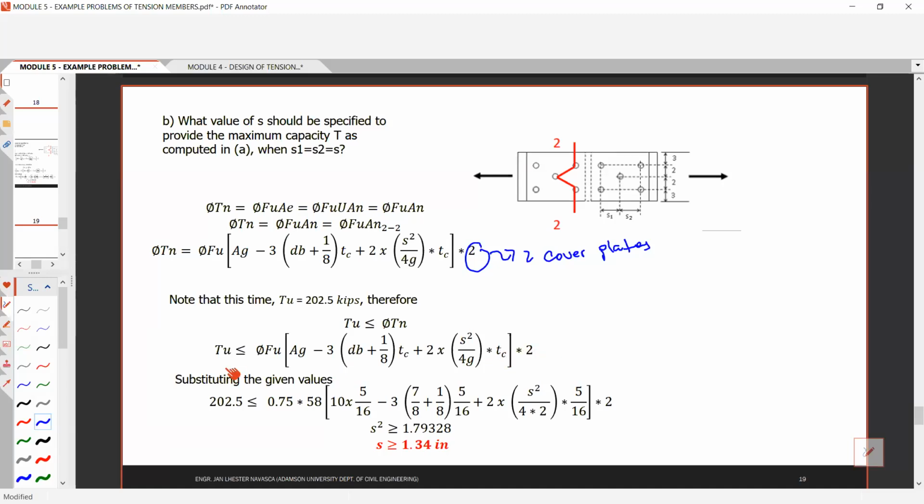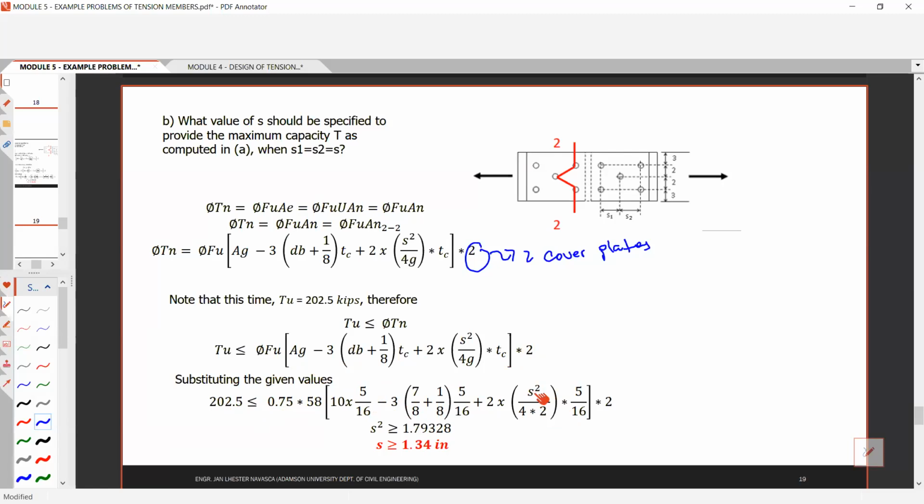Then substituting the given values, you have 202.5 less than or equal to 0.75, which is your phi factor. Your Fu is 58 ksi for A36. Your Ag is 10 by 5/16. Your area of the hole is 3 times 7/8 plus 1/8, times 5/16, plus 2 times the Cochrane's equation.